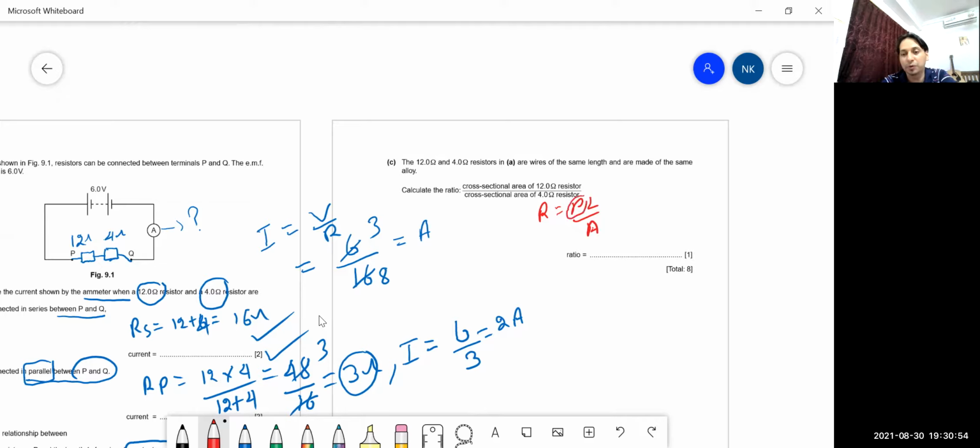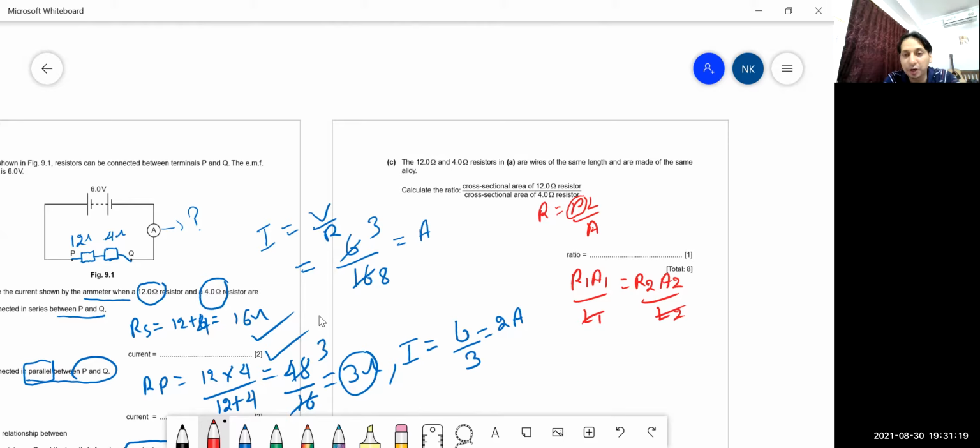So if rho is constant, I can write this equation R1 A1 divided by L1 equal to R2 A2 divided by L2. And they also said that L1 is equal to L2, so you can cancel out. So R1 A1 equal to R2 A2. Now see the statement carefully, children.